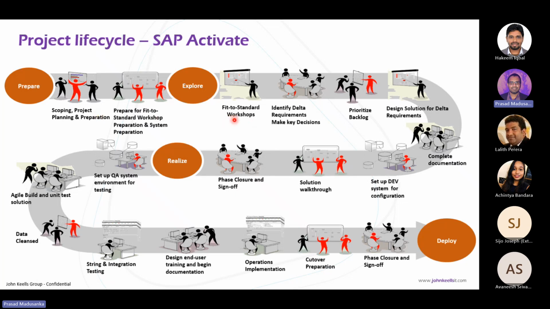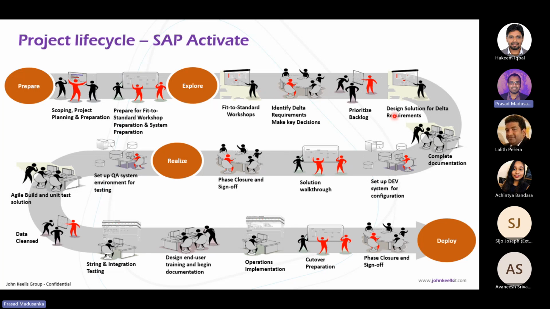This is where we show you the starter system and best practice, and understand your changes to the best practice, which we can deliver using standard SAP, and which we can't deliver in standard SAP for the moment, so we have to go for BTP. Those discussions happen in the fit to standard workshops.